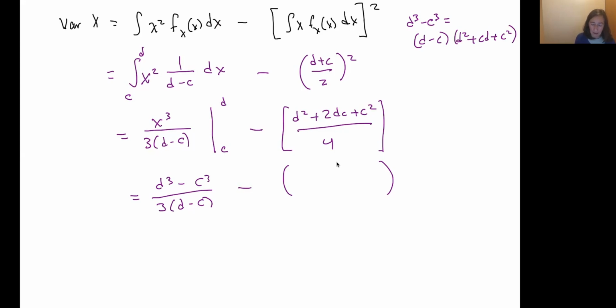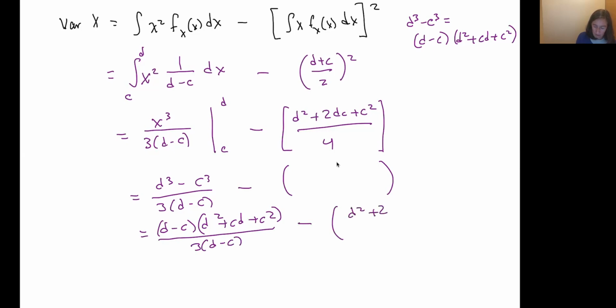I'm going to use this fact to simplify my first term, and then we'll combine terms. So that's going to be (d squared plus cd plus c squared) over 3. And I'm really happy about that because that's going to let me cancel terms, with my other expression, (d squared plus 2dc plus c squared) over 4.